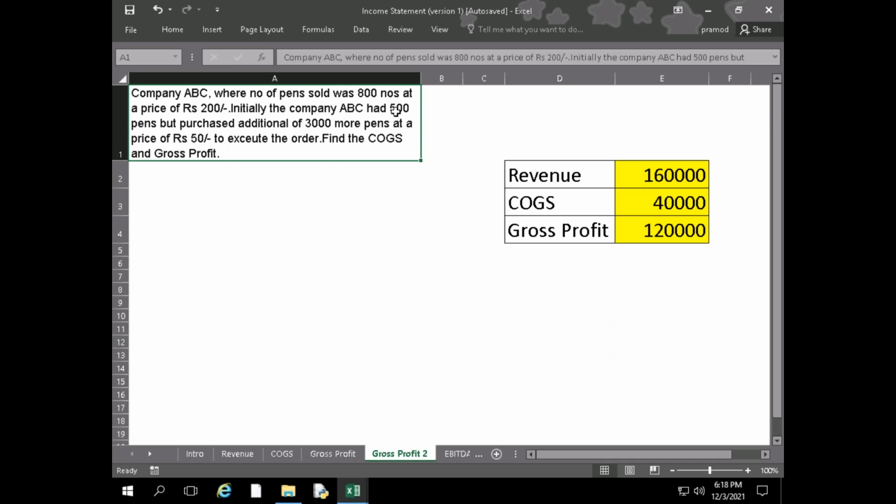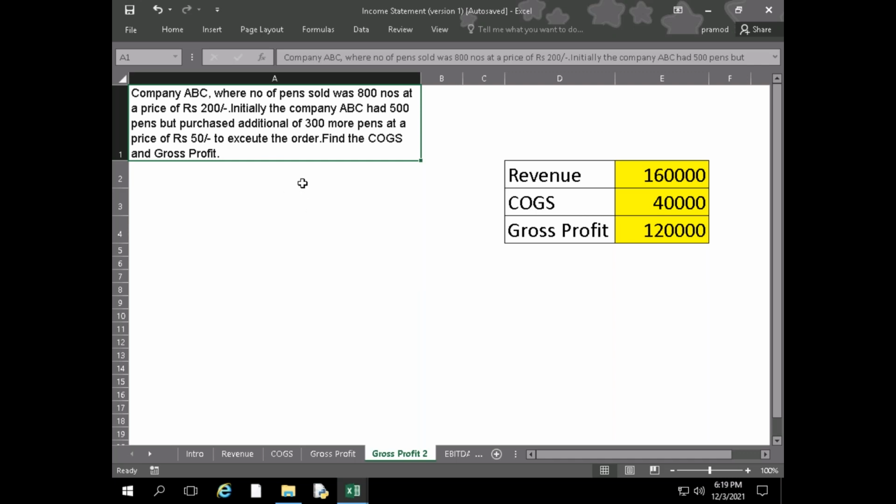The first one is 500. This is not 3,000. Change it into 300. Okay. I think yours has been 300 only. 3,000, sir, it was. Change it into 300.